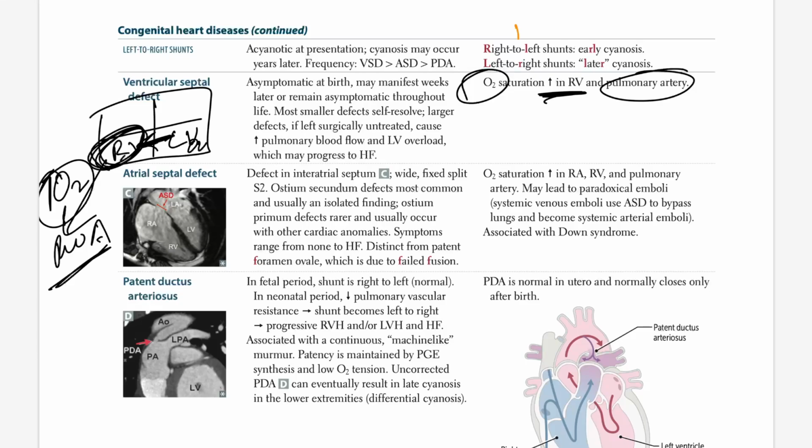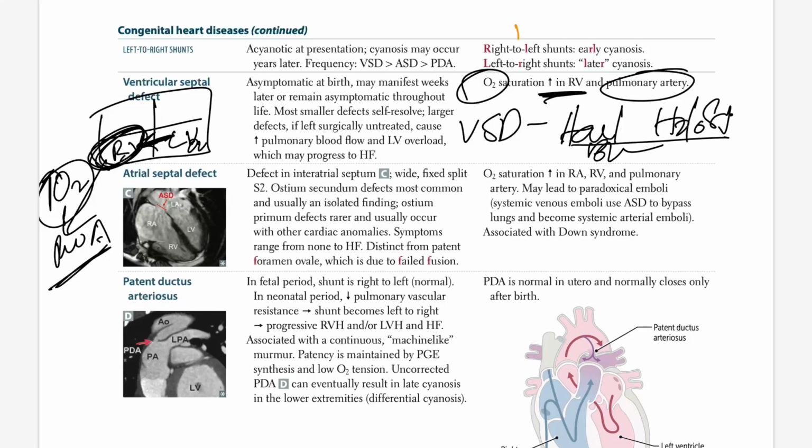And now, as we were mentioning about that holosystolic murmur, let's talk about that VSD. VSD will give you a harsh holosystolic, or in other words, you can call it pansystolic murmur, pansystolic blowing murmur, or holosystolic blowing murmur at the left lower sternum border. Okay. And that is one of the things.